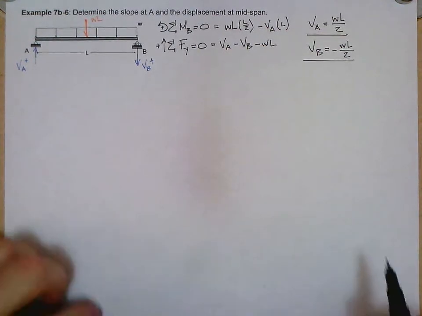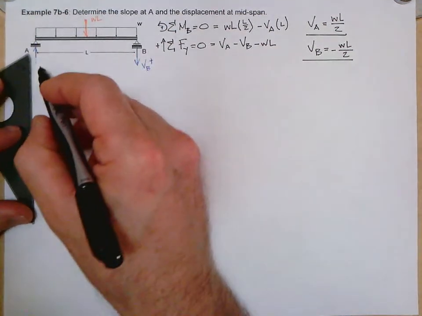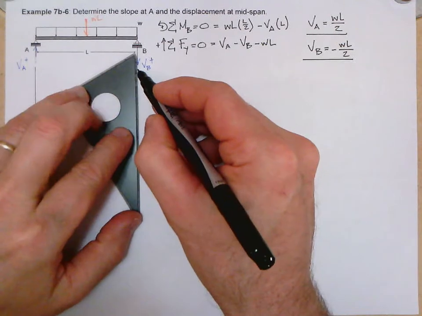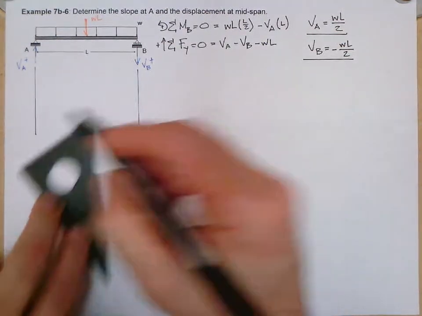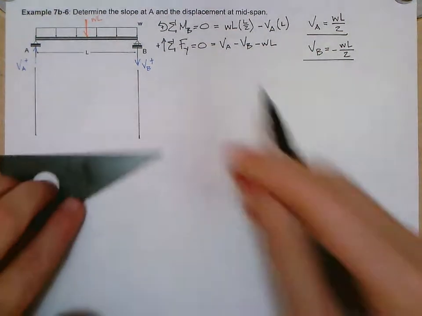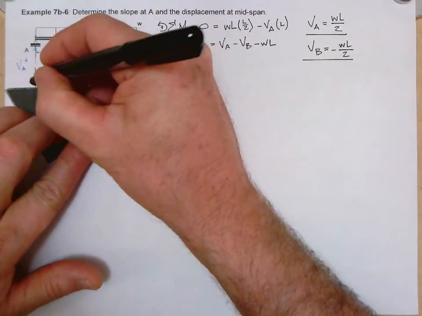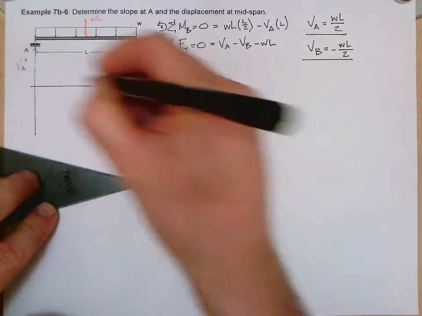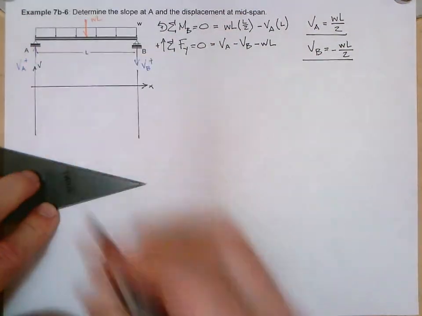Okay. So now with that information, let's draw our shear and moment diagram. So there's my template from the left edge to the right edge. And I'll begin with drawing the shear diagram. So there's my positive x-axis, positive shear.